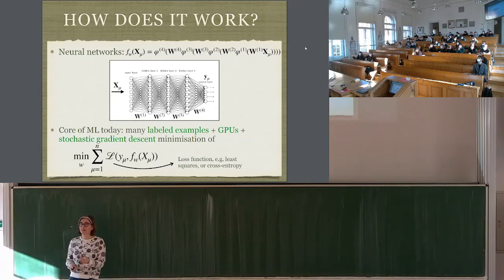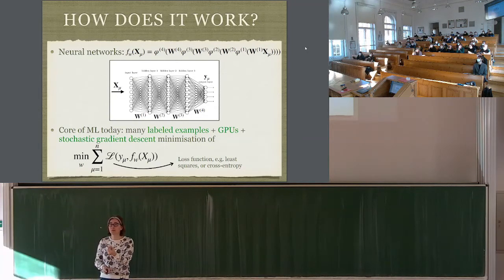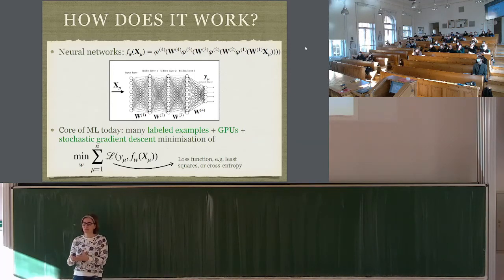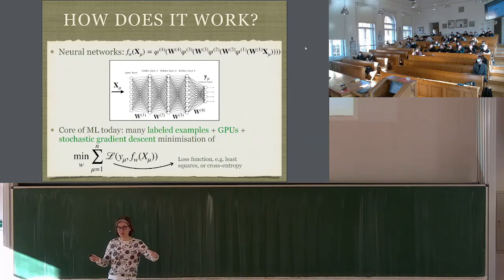And then these parameters W, you need to find good values for them. And the way you do it, you write some distance between what you want the output of your function to be and what it currently is. And then you take that distance and by descending in the direction of the gradient, that's the stupidest way you could think to minimize a function.